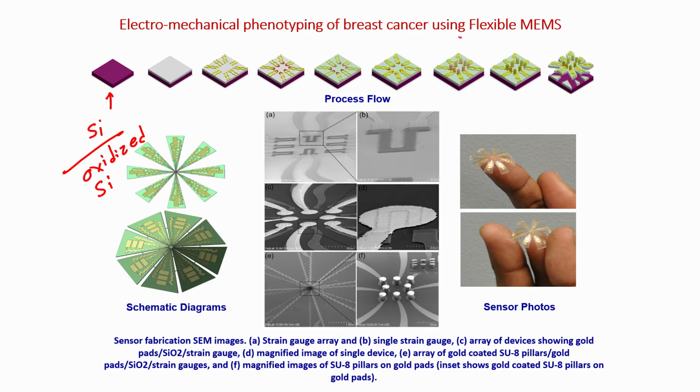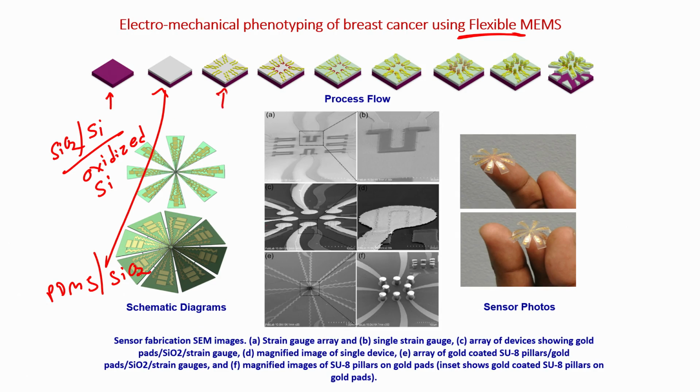If I want to have flexible MEMS, then this layer can be PDMS, alright, a silicone, flexible polymer, PDMS on the oxidized silicon.